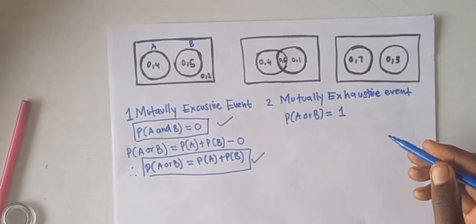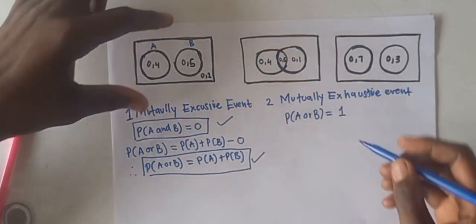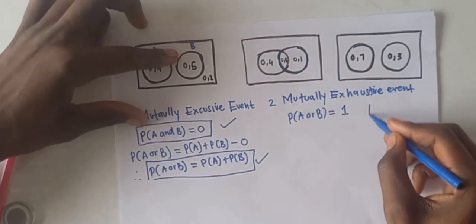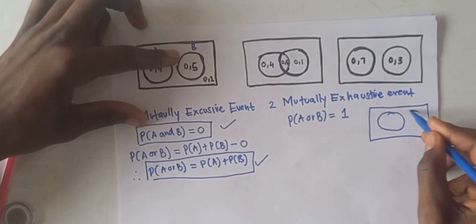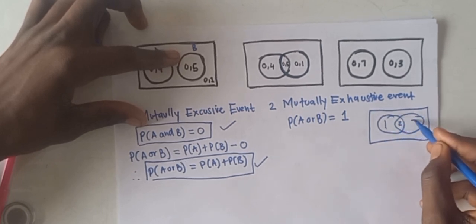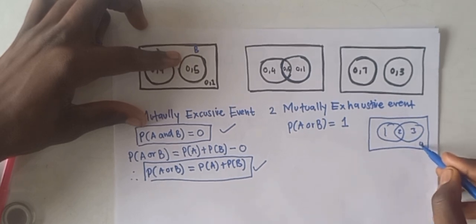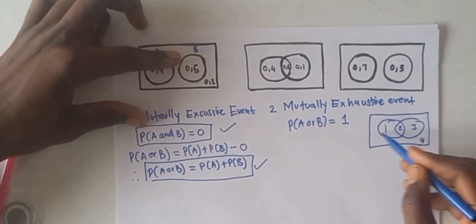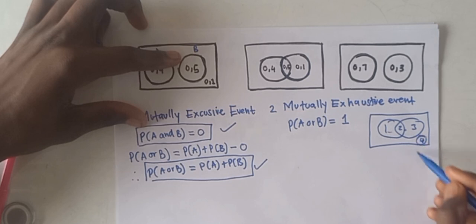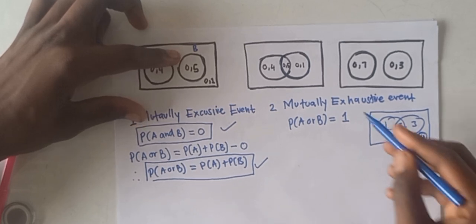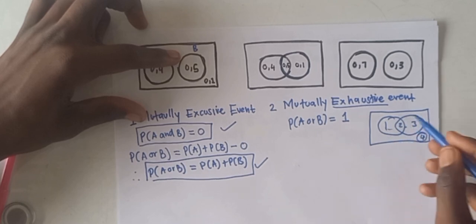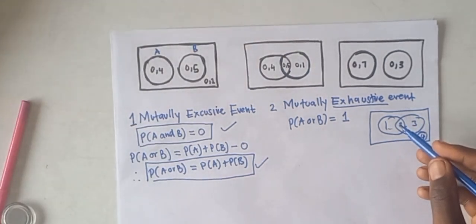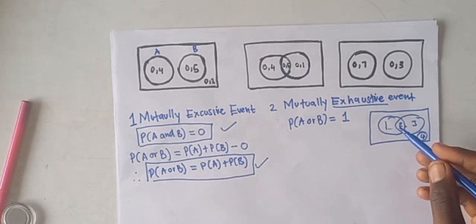The best way to differentiate between mutually exclusive and mutually exhaustive: in mutually exclusive, if you notice on the first diagram, there is space outside the Venn diagram, but on the second diagram you are not allowed to put any sample space outside those circles. Everything must be filled inside those two circles. That's what they mean when they say an event is mutually exhaustive.